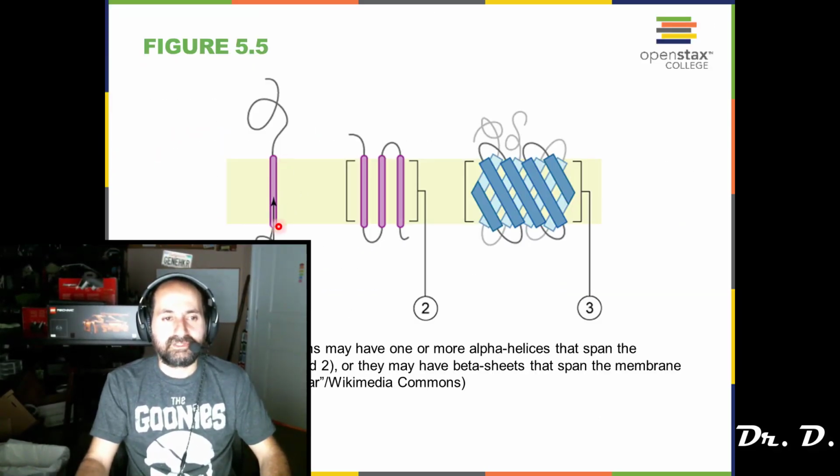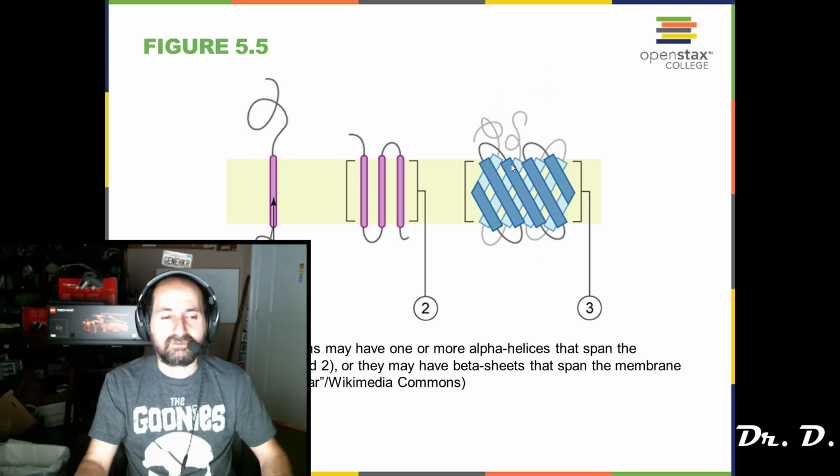Okay, this is just showing you the complexity of these transmembrane proteins. Some of them can consist of one alpha helix. Some of them are more complex with multiple alpha helices. In fact, G proteins have 7 transmembrane alpha helices. You could make a basket out of beta sheets, right? So this is called a beta sheet basket. A lot of transporters are made out of this beta sheet pattern.